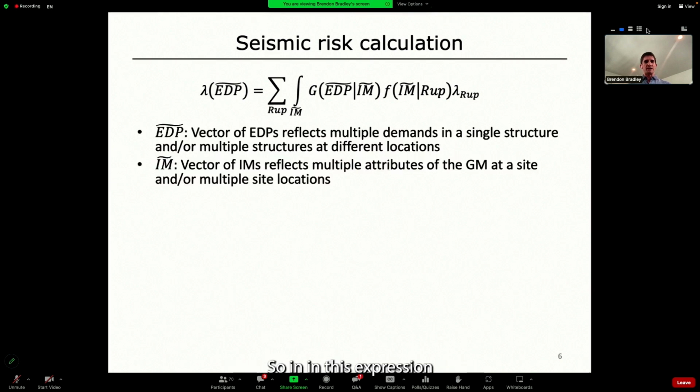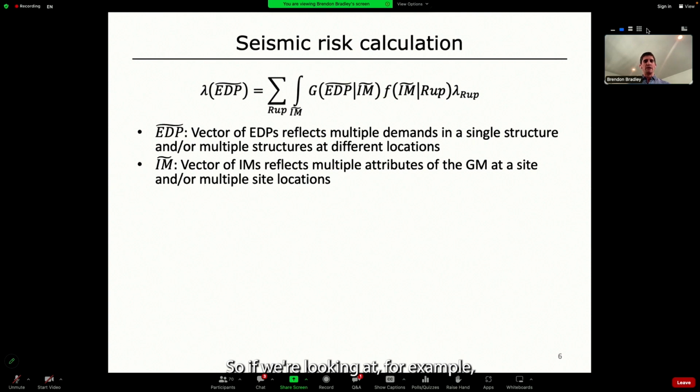In this expression, we have engineering demand parameters, or a vector of these, which either represents multiple demands in a single structure, for example floor drifts and accelerations over the height of the structure, or could represent multiple structures located at different locations.